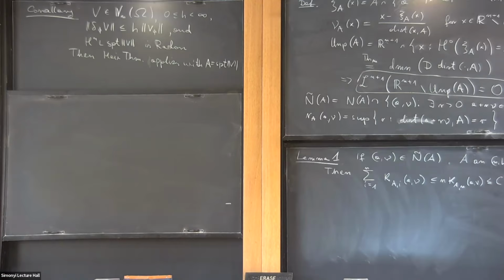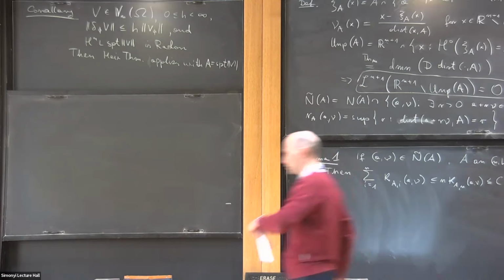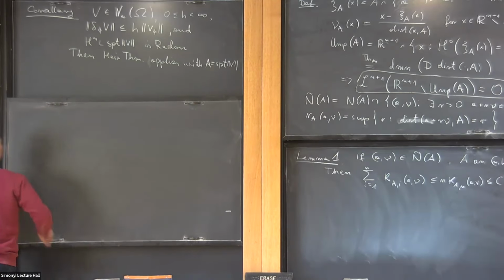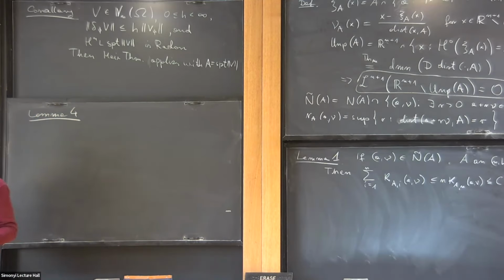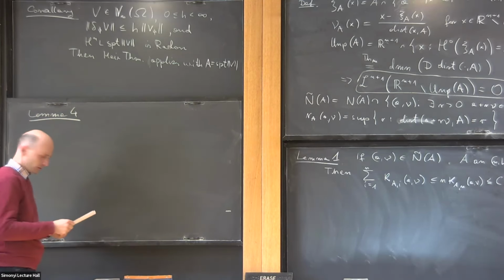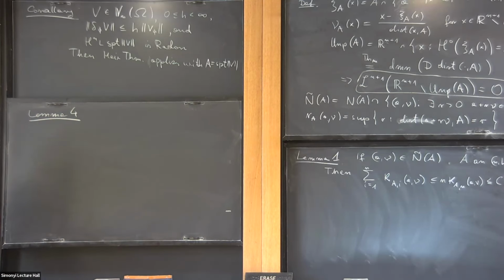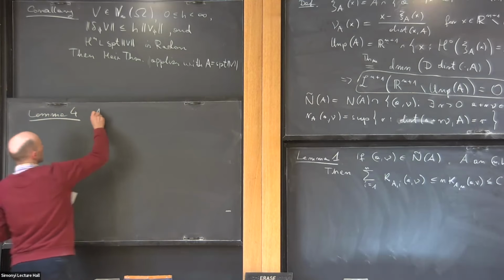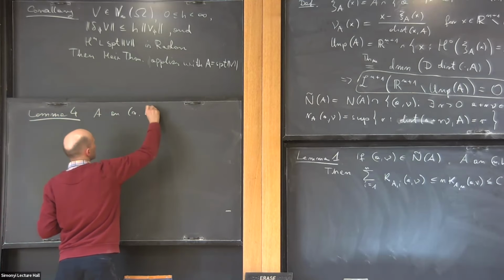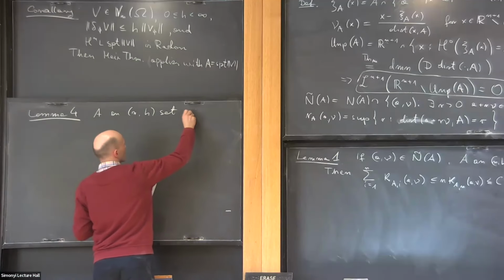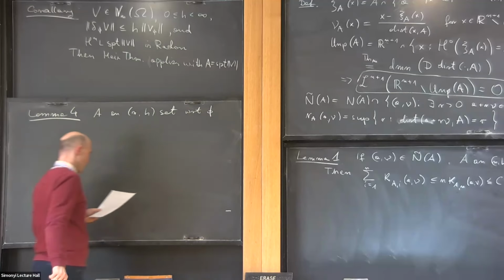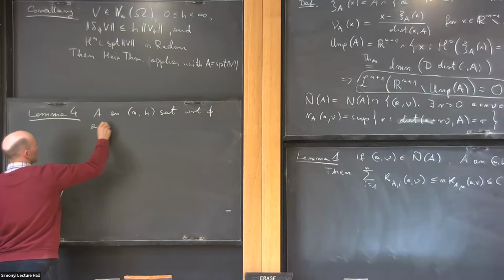Lemma number 4 is the following. Let A be an NH set, once again, always with phi. And A is in A star.